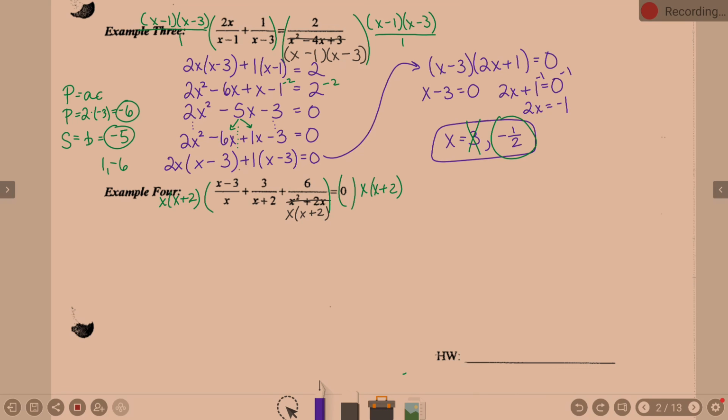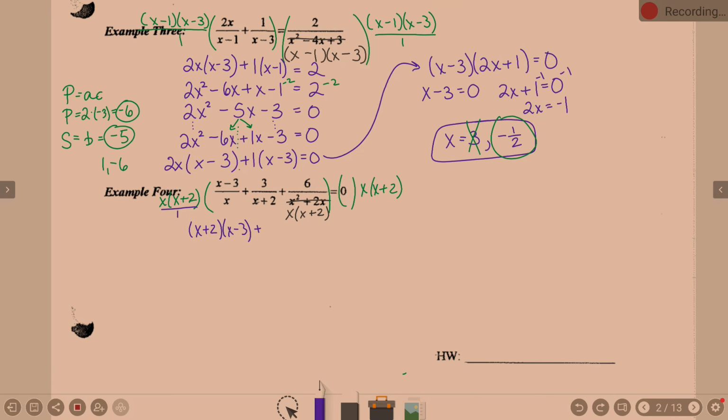Okay. On the first fraction, x cancels. And so now, and I guess you can put this over 1 if you want. If x cancels, I then have x plus 2 times x minus 3. Plus the second fraction.